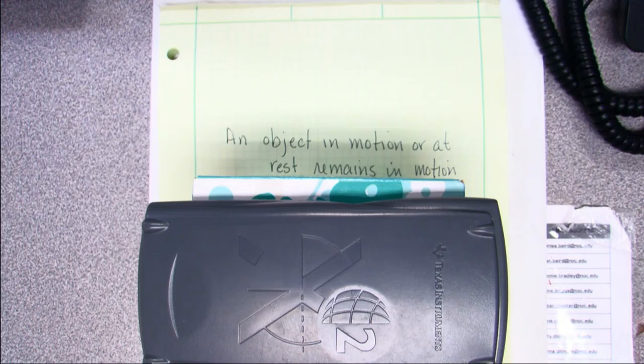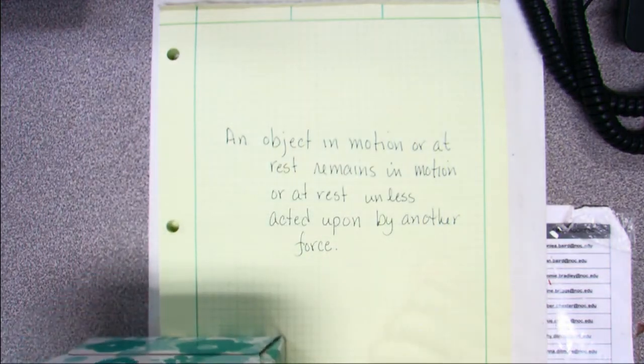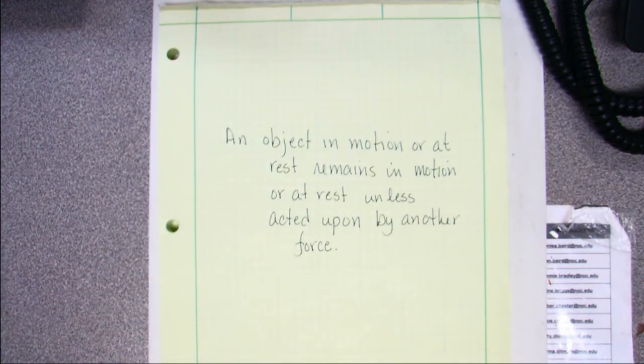If somebody guns it, we're usually going to go plop into the mud puddle at the back of the pickup truck. We've all experienced that. This is the tablecloth trick, by the way. So we get our first law of motion: an object at rest remains at rest, or an object in motion remains in motion, unless acted upon by a force.